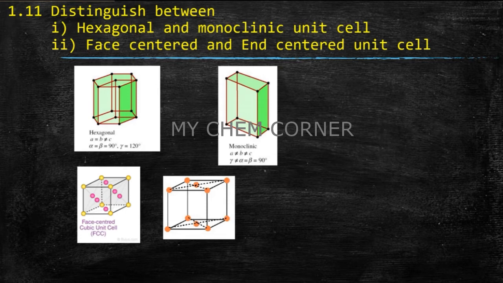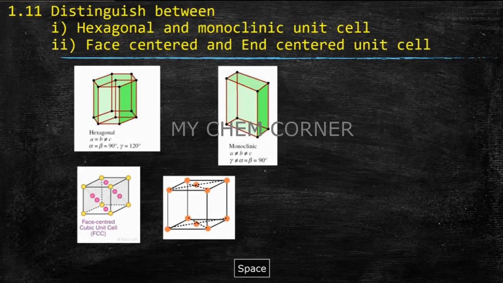So both are different, they're not the same. Though we have an atom in the center of the face for a face-centered, on all the centers of the faces you have one atom. But when I talk about end-centered, any two ends you can consider. Either your right and left, top and bottom, or front and back. Any two ends you consider, that is an end-centered unit cell.